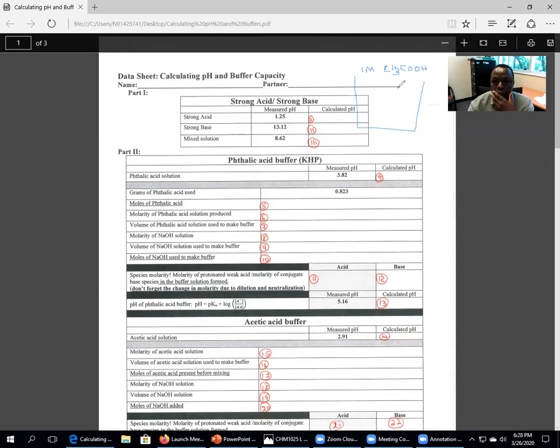And if I have 1 molar sodium acetate, this is the conjugate base, CH3COONa. This is sodium acetate. If you look here, equal concentration of a weak acid and its conjugate base.